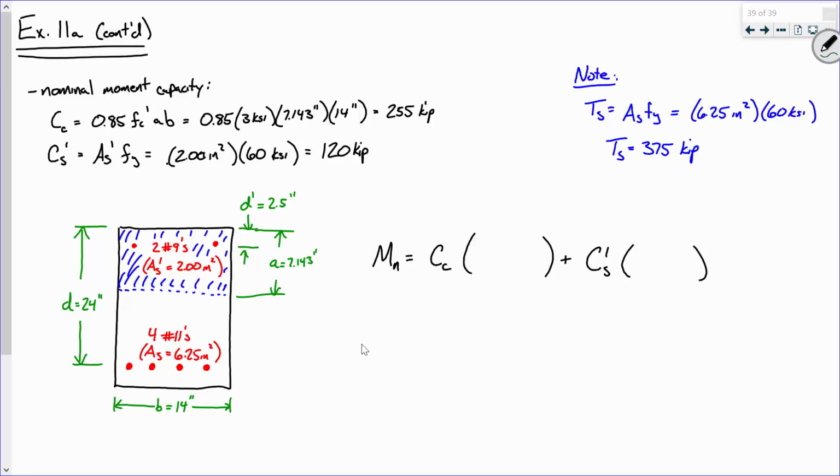It's d minus a over 2, and that's exactly what it was before, a s f y times d minus a over 2. Same thing. Now, the compressive steel, how far is it from the tensile steel to the compressive steel? d minus d prime, exactly. So there is your moment capacity for a doubly reinforced beam, in a nutshell.